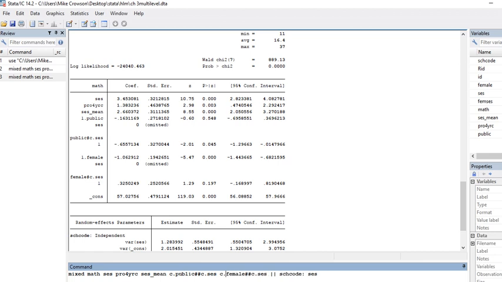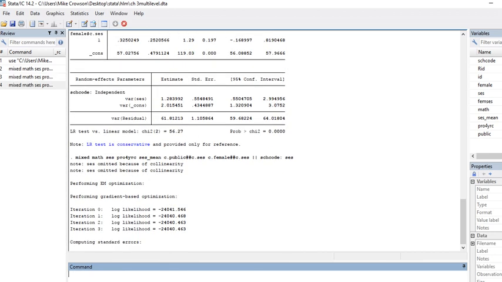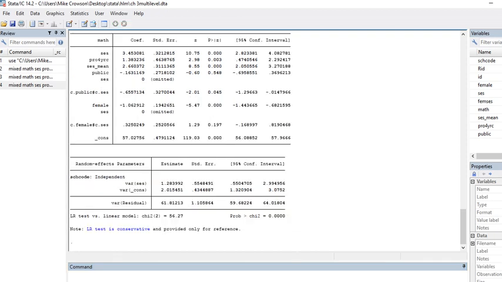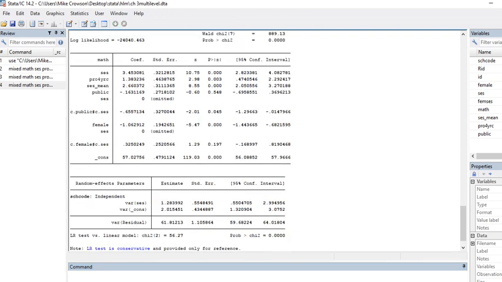Then I can use the C prefix for both of those, and the program will recognize those as being continuous. So you can see the presentation's a wee bit different, in that we don't have the ones right next to the public or the female variables like we saw above. That's because these variables are being treated as continuous.